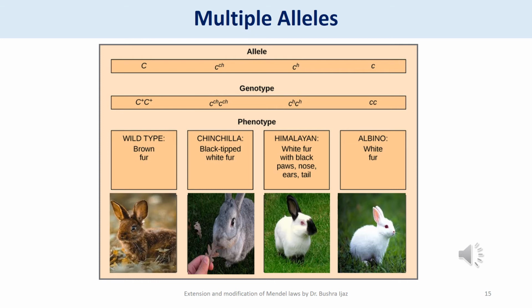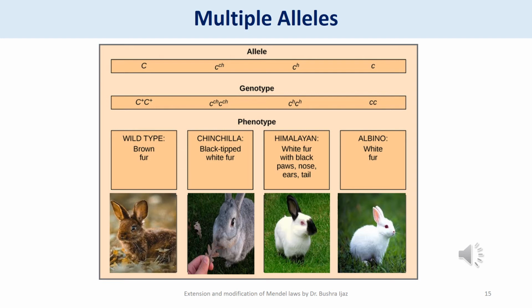Now the wild type version is capital C, two capital C's with a superscript positive sign, and they express a brown fur. Then we have the chinchilla phenotype, in which the variant gene is represented by a small c with a superscript ch. It is expressed as a black tipped white fur.